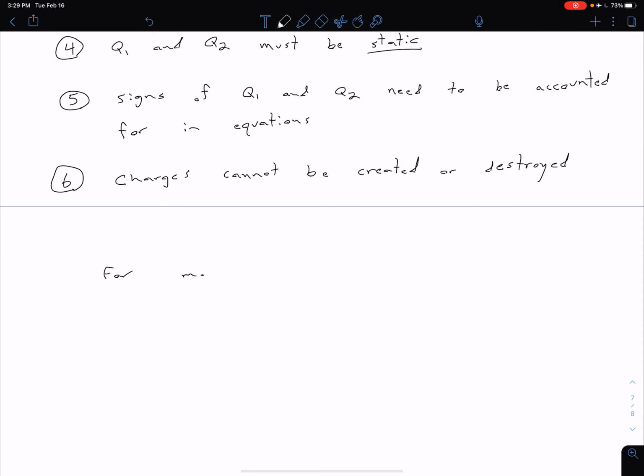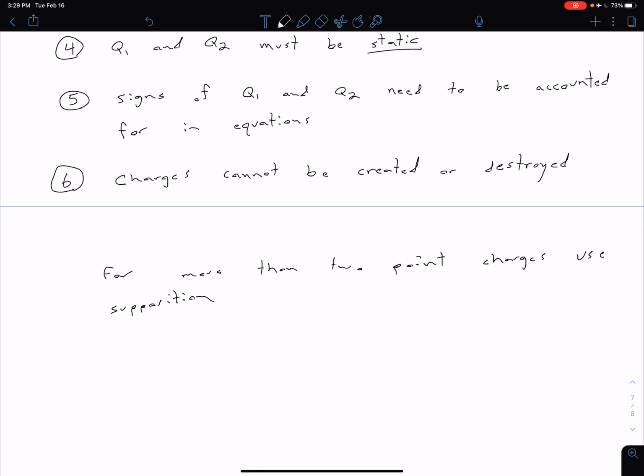For more than 2 point charges, we're going to use essentially the same equation, but we're going to use superposition and consider, say, we look at one charge and ask what is the overall effect on this one charge due to all of the other point charges that are close enough to have a force applied on it.